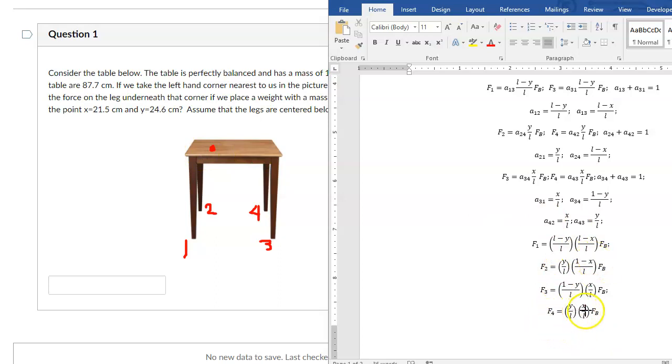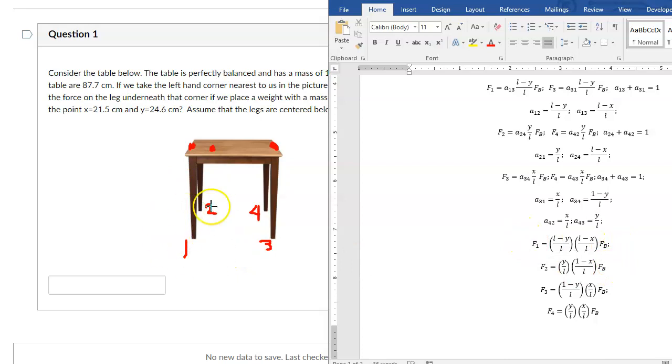Well, if x goes to 0, F4 is 0 and F3 is 0. That means if I move the blob all the way over here, that blob is not putting any weight on these legs over here. That makes sense, right? And if I move the blob all the way over here to x equals L, then F1 is 0 and F2 is 0.